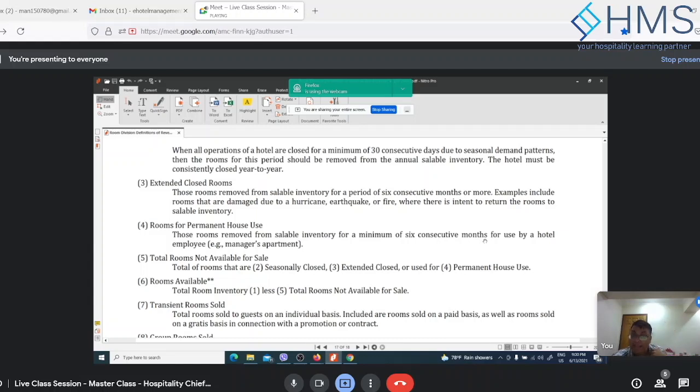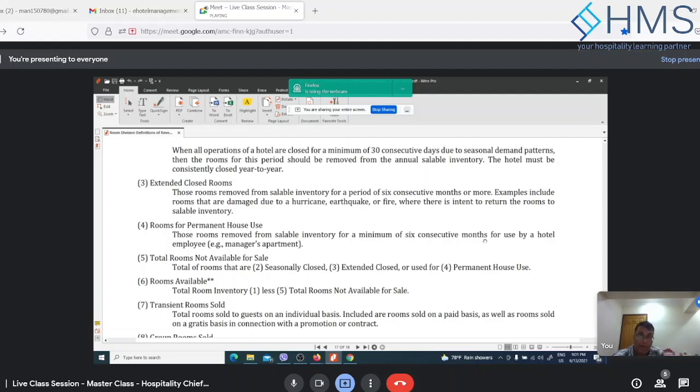But as the owner or as finance, we have to follow the policy. So we cannot remove the room from the inventory just because it's closed for 1 month or 2 months or because there is no business. You can devise a plan, okay, I want to renovate the room for the next 6 months, let's close it down. But we have to see the actual condition: is it really closed or not? So normally, to remove inventory from available rooms, owners keep a control.